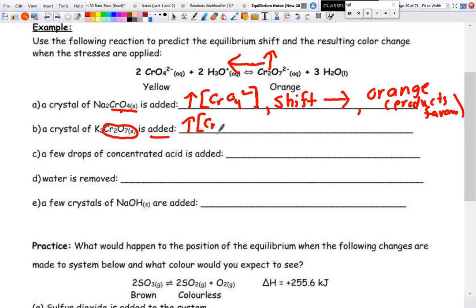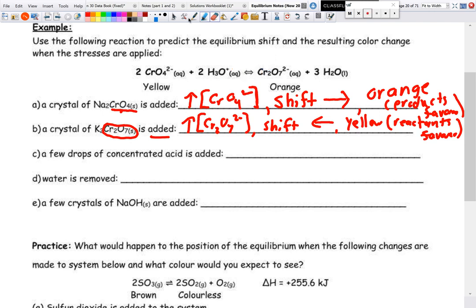So we're increasing Cr2O7 2-, which means we're going to shift in the opposite direction, and we should see more yellow, because reactants are favored. Now I'm going to leave out the reactants or products being favored because showing the direction of the shift says the same thing.